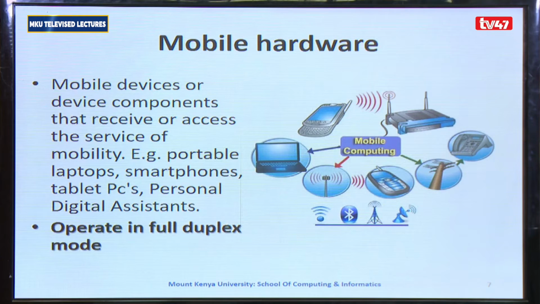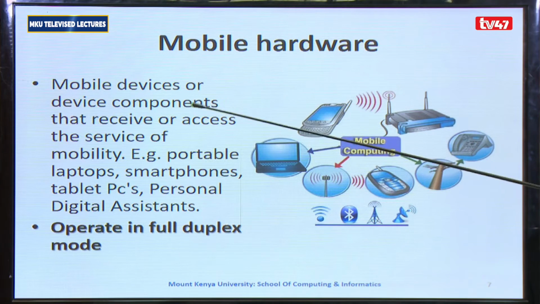Mobile hardware. These are the mobile devices or the device components that receive or access the service of mobility. For example, we have portable laptops, smartphones, tablet PCs, personal digital assistants, and others.